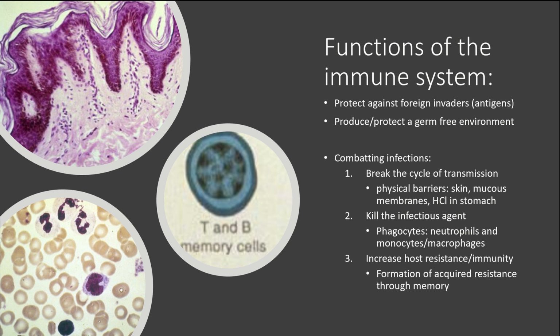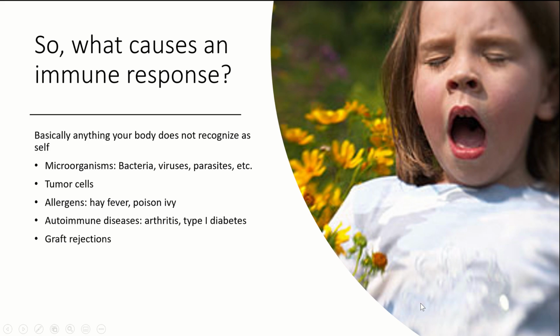And they'll actually fight it off faster the second time because they've seen it before, they know exactly what they're doing, and they're more alert, I guess you could say. Okay, so it forms acquired resistance, meaning the next time you acquire that disease, you are more resistant to that infection. Okay, and they do that through those memory cells.